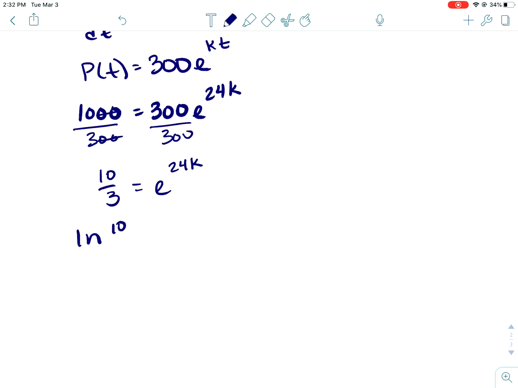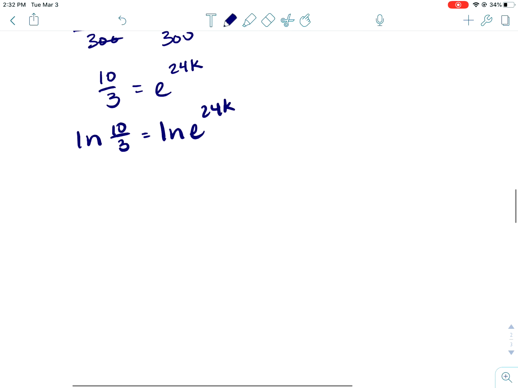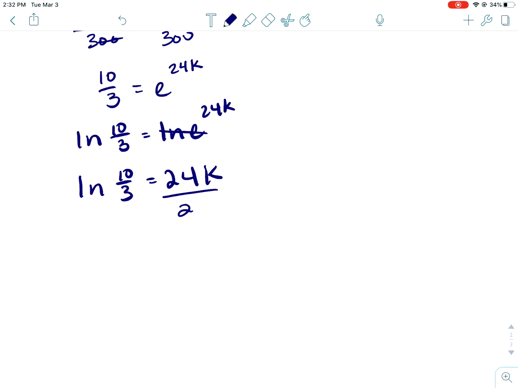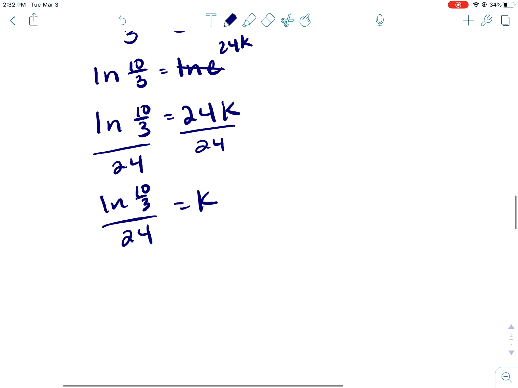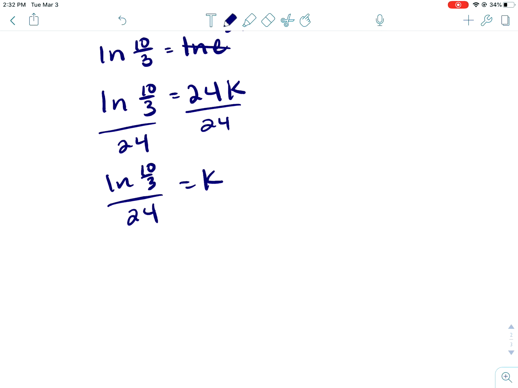Go ahead and do the natural log. Bring your K down. And then divide by 24. And then I can go back to the beginning of the problem and replace K with that crazy looking fraction.